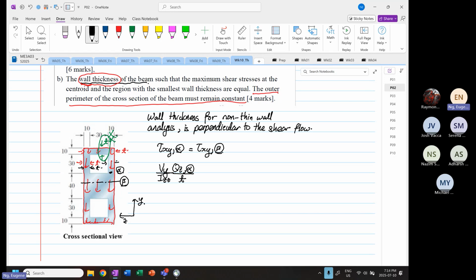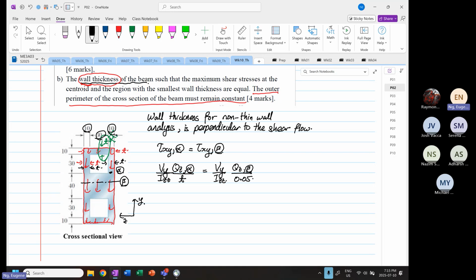This will be equal to Vy over Izz, and then Qz up to point beta, divided by the thickness, which we know. The thickness is 0.05, because it's 30 millimeters plus 10 plus 10, which gives us 50.